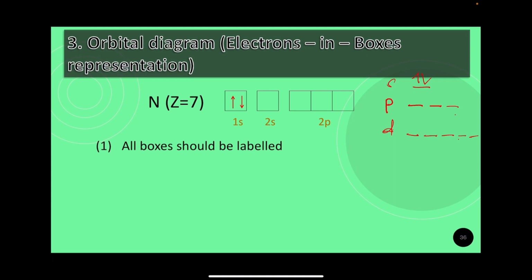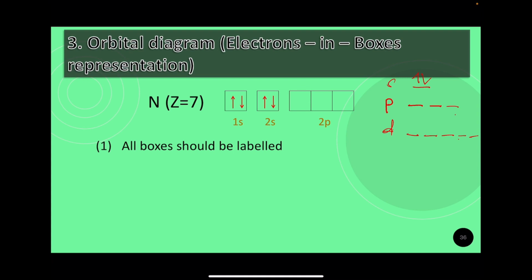So how do we fill up the electron configuration? Using the three rules. The Aufbau, we use the Aufbau to arrange the ascending order, and then Hund's rule and the Pauli exclusion principle to fill up the electrons in the houses of the orbital. First of all, we fill up the 1s orbital, one spin up, one spin down. After filling up the 1s, we continue with the 2s orbital.